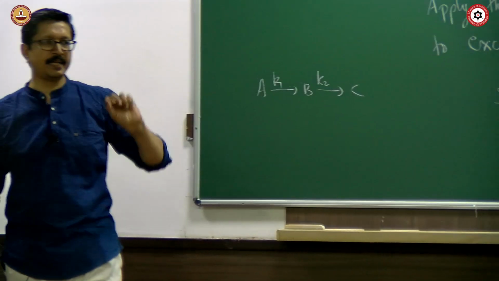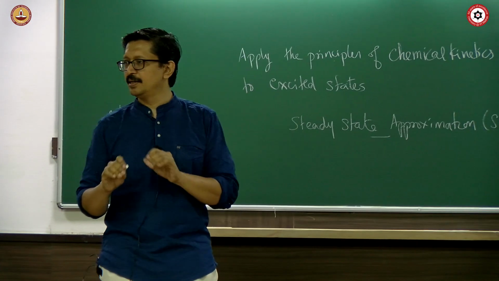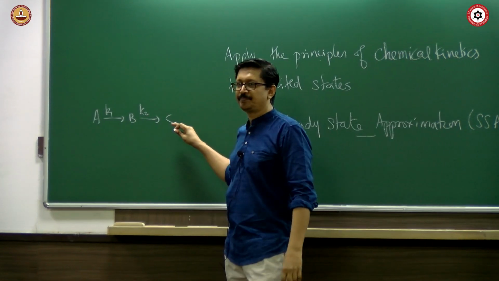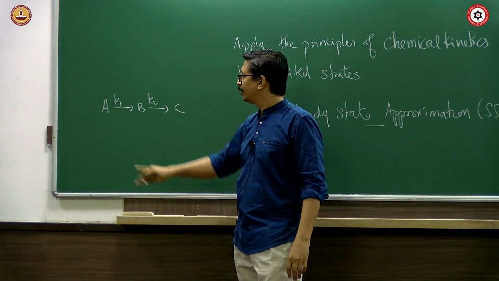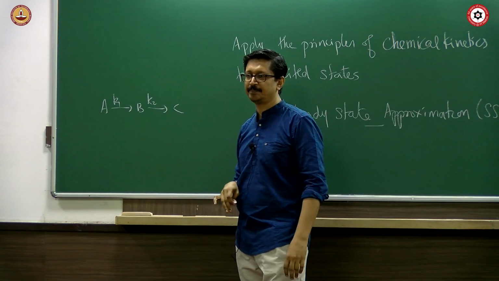A going to C is the reaction. This is a ground state reaction. There is no light excitation or anything. A normal reaction. Reactant A is going to product C through an intermediate B. This is the rate constant for the first reaction, this is the rate constant for the second reaction.